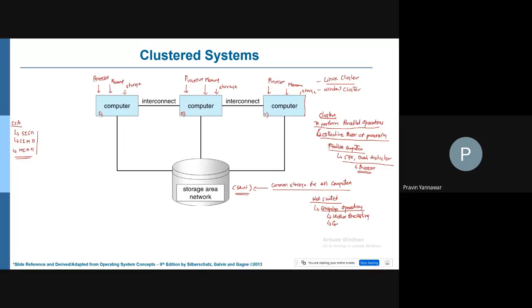Then you can go for genome analysis, and you can also think of big data analytics. So this sort of cluster system you can use accordingly. This is what you need to understand.